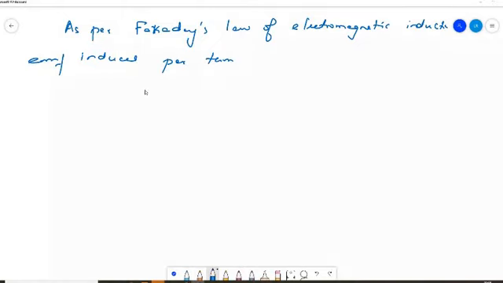How much is the EMF induced? That is nothing but E is equal to minus d phi by dt.